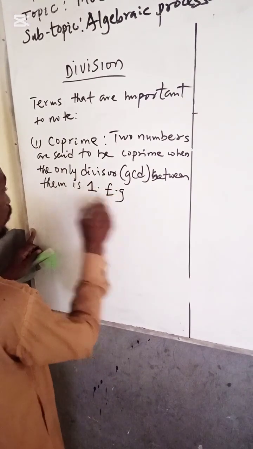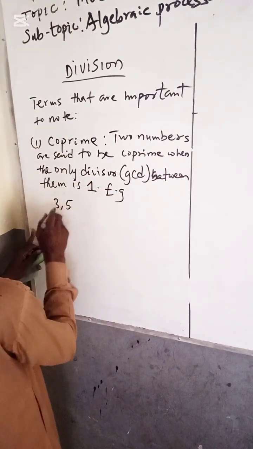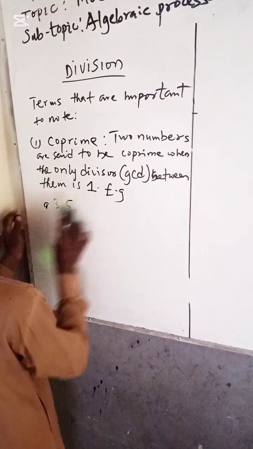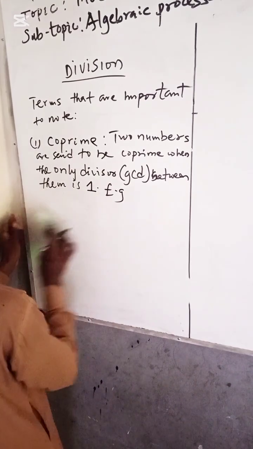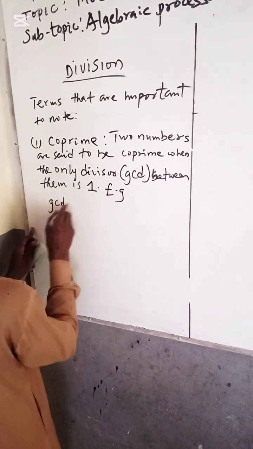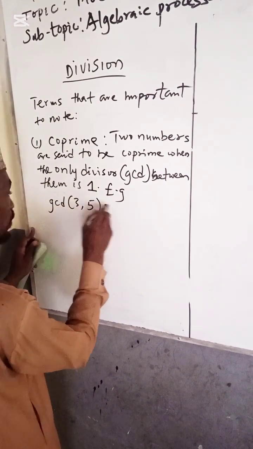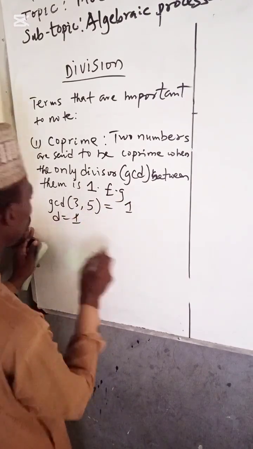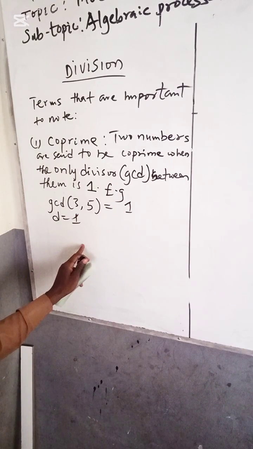For example, 3 and 5. GCD of 3 and 5 is what? 1. The only number that can divide both 3 and 5 is 1.